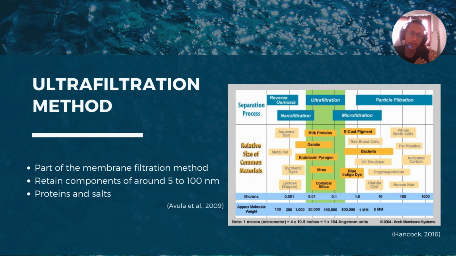As you can see in the diagram beside, in the range of ultrafiltration, even red blood cells, basically from the blood, cannot pass through the ultrafiltration. So you must be wondering how and why the red blood cells cannot go through the ultrafiltration stage. So let's take a look at the next slide.